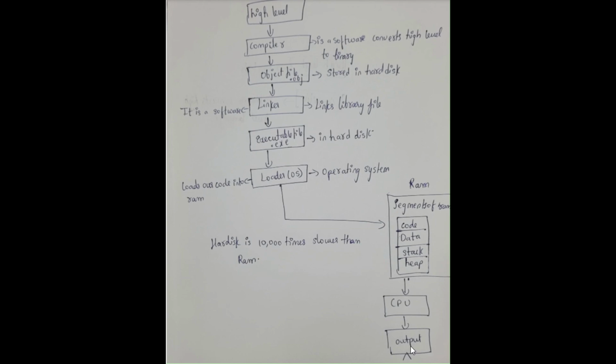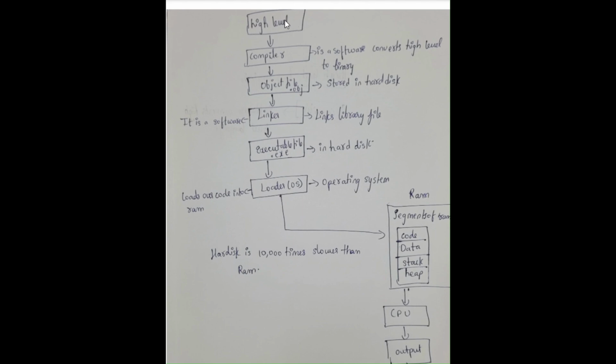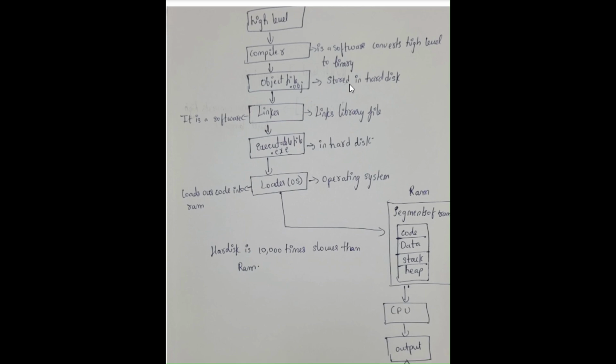If the output is not as per our requirement, then we again edit the code and compile again. If there are any errors, we correct them and compile again, converting our high level code to binary, generating the object file in the hard disk with the .obj extension, and again linking all the library files to our code and generating the .exe file in the hard disk, and again loading our code with the loader, which is part of the operating system, into the RAM, and again sending it to the CPU and generating the output.